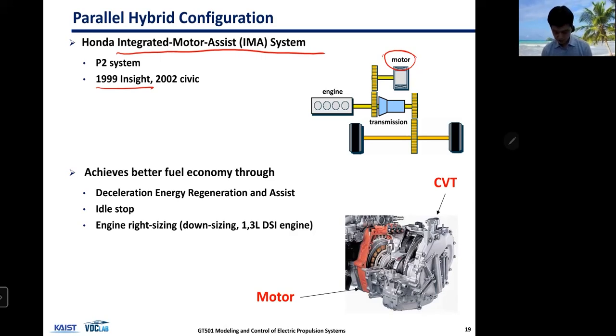And then there were CVT-based hybrids. They also use CVT and motor to improve fuel economy. But like I mentioned, I think last week, CVT is not very responsive.